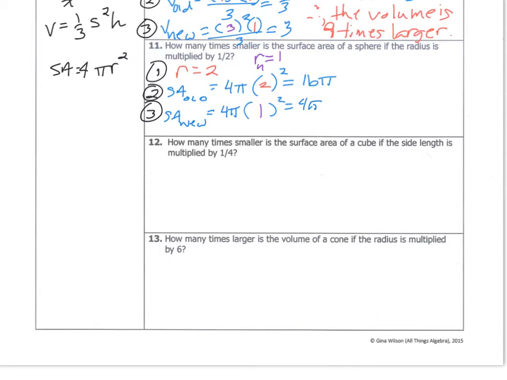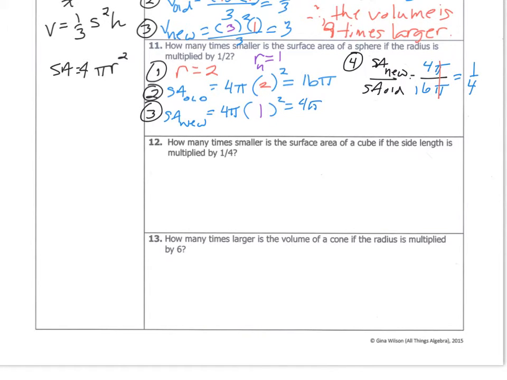So then we're going to compare. Step 4, we've got the surface area of our new over the surface area of our old. Well, our new is 4 pi. Our old is 16 pi. Don't the pi's cancel? What does 4/16 reduce to? 1/4.